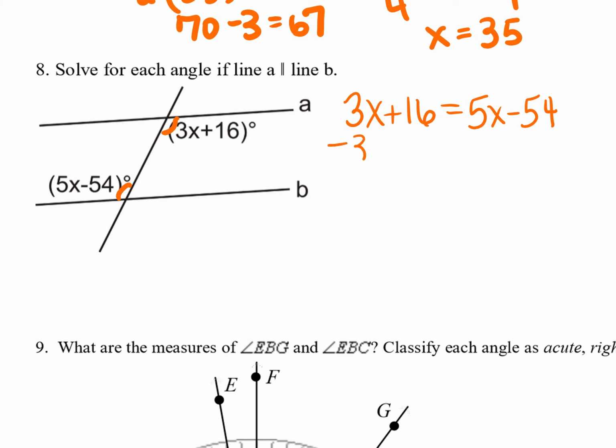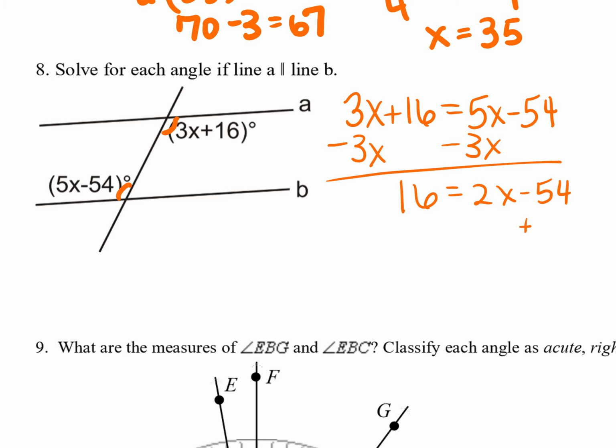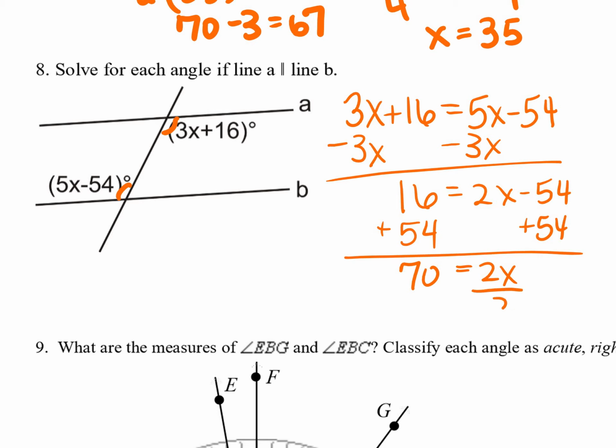So I'm going to just solve for x. Subtract 3x from both sides. Then I'm going to add 54. I'm trying to get x by itself. So whatever, get the number away from x. So 2x equals 70. Then divide by 2. And x equals 35.